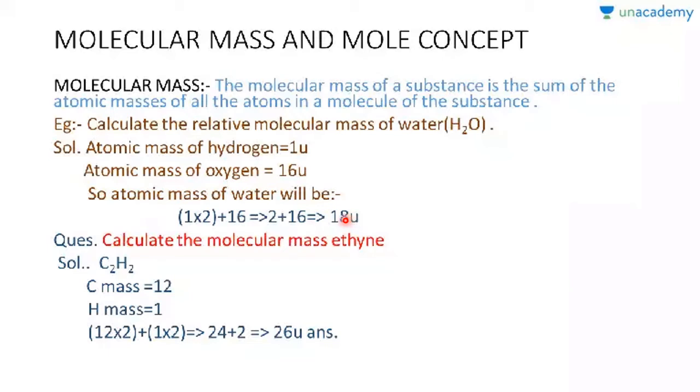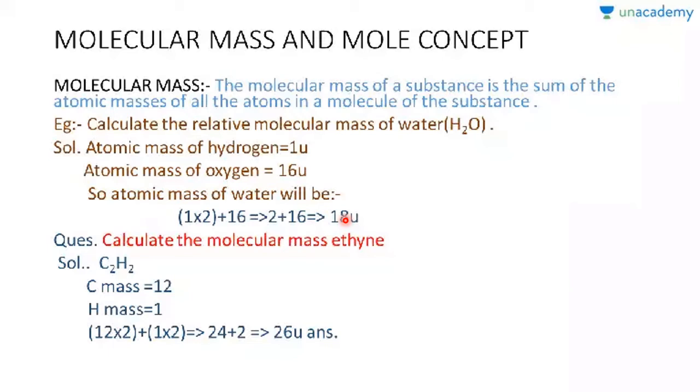If you want to express it in grams, it is taken as grams. So 18 grams is the gram molecular mass of water. 18 U is the molecular mass of only one water molecule. Kindly don't confuse between U and gram.